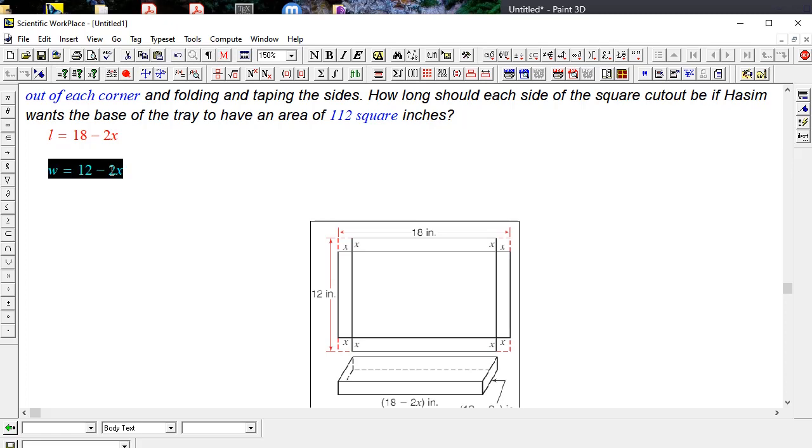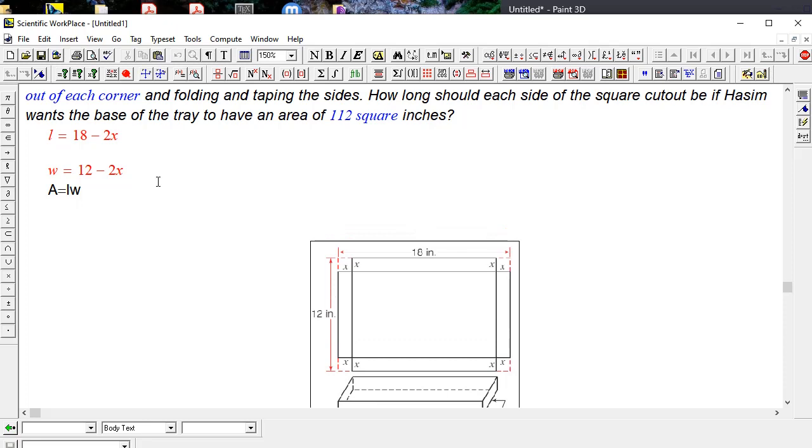As we know, the rectangle area is length times width. So the area A is equal to length times width, which equals 18 minus 2x times 12 minus 2x.